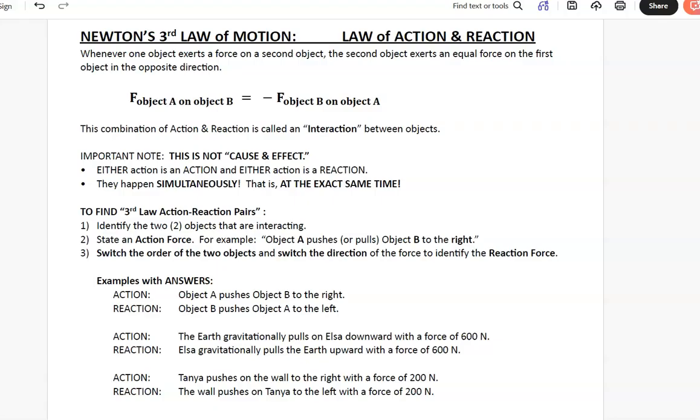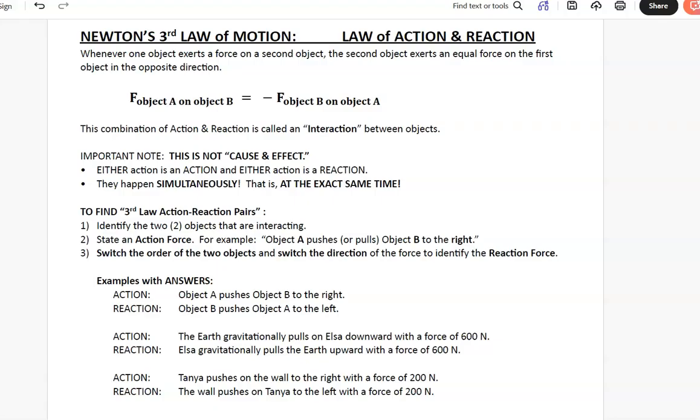And so in a formula, we would say the force of object A on object B, and if we're looking at the motion of an object, we only care about the forces on that object. So this is a force on object B by A, and that is equal to the negative force, in other words the opposite direction, of object B's force on object A. So the left is a force on B by A, and the right is a force on A by B, and negative because they're just in opposite directions.